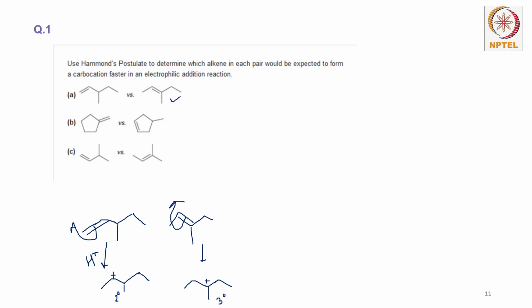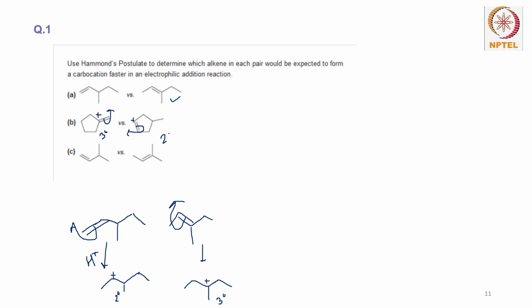Obviously this one. Among these two, if it gets protonated from this side, the carbocation will generate at this place. If it goes from this side, the carbocation will generate from this place. So it will be 3 degree. And in this case, both the sides are equivalent. So carbocation will generate from this side, carbocation will generate from this portion.